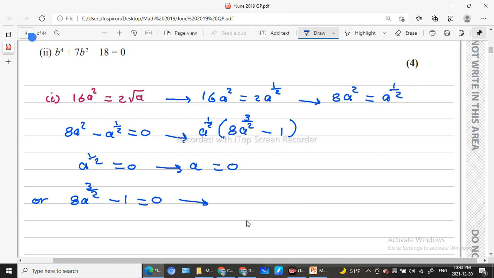Now taking minus 1 to the right side, we have 8a to the 3 over 2 equals 1. Dividing both sides by 8, so a to the 3 over 2 equals 1 over 8.